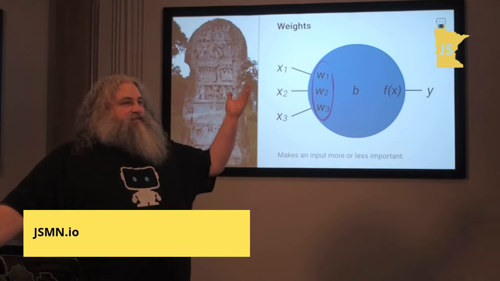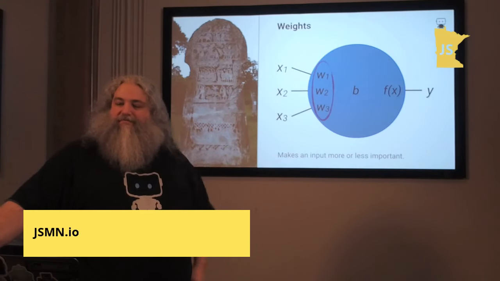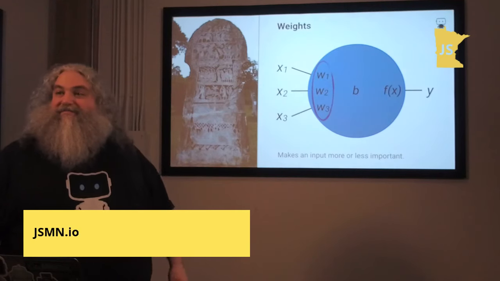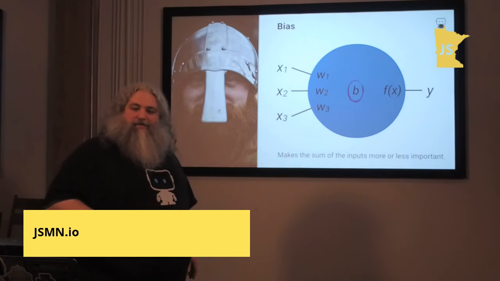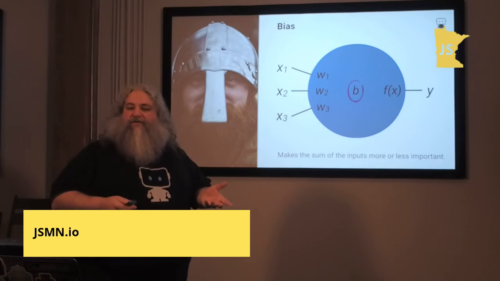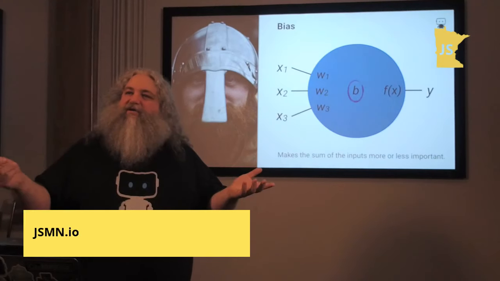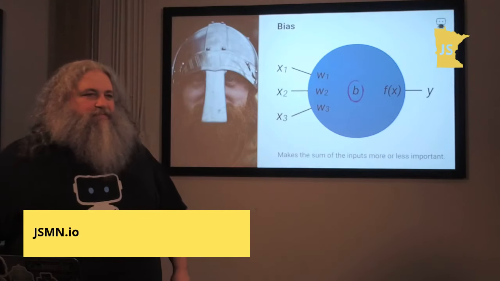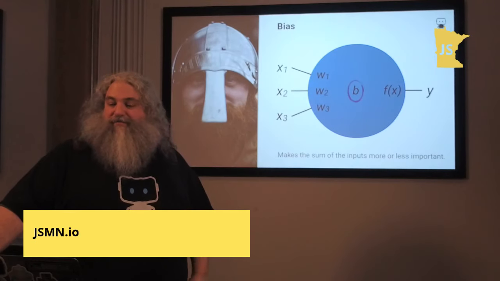So you take x1 times w1, x2 times w2, and then you add them all together. And the bias makes the sum of all those inputs more or less important. So it makes the output of the neuron bigger or smaller. That's exactly what it does, actually. It adds to or subtracts from it.